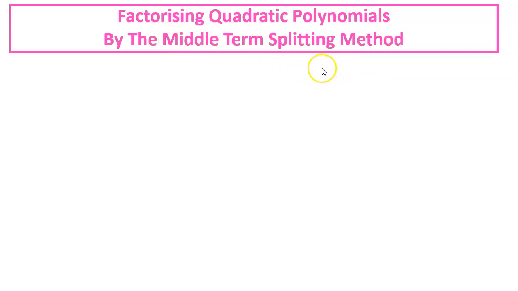One will be for the normal numbers and the other will be for large numbers. In our next session, we will be knowing how to apply the Middleton splitting method to factorize quadratic polynomials which have large numbers as the coefficient or the product becomes a large number. But those are for the next session.